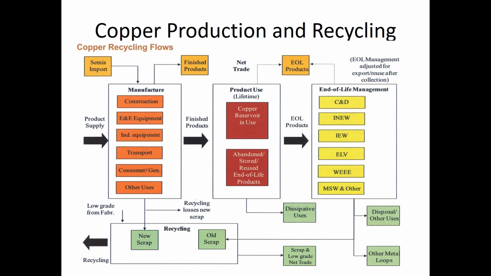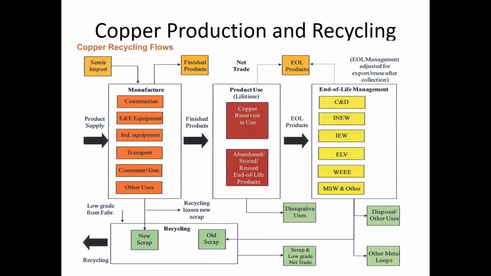Eventually, the product use is used up or is considered to be used up. You have another box here, abandoned, stored, reused, end-of-life products. End-of-life products go over to the end-of-life management area in yellow, and all those are acronyms for ways to take the metal out and redo it into new material.